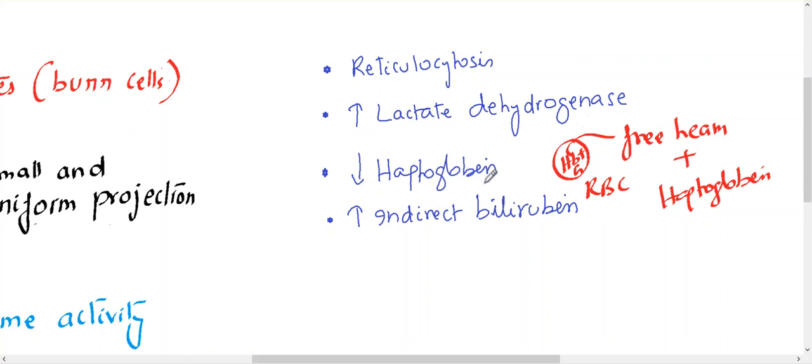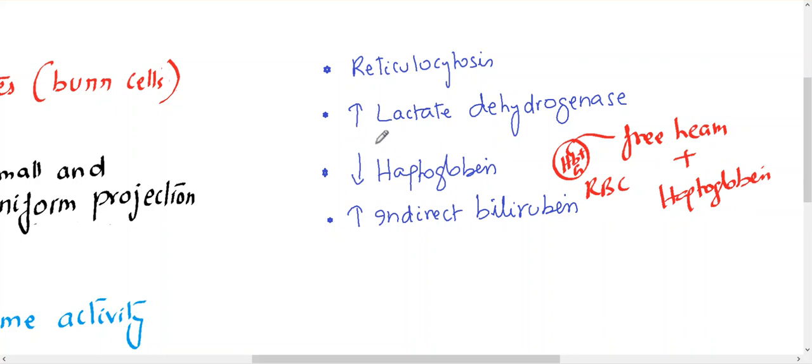Now, why is the haptoglobin coming down? Globin is coming from the liver, okay? And as we saw, inside the RBC we have heme plus globin, okay? So the free heme will come out of the RBC, and the haptoglobin will bind to the free heme, and because it gets utilized binding to this free heme, its level will go down. Okay, that's important.